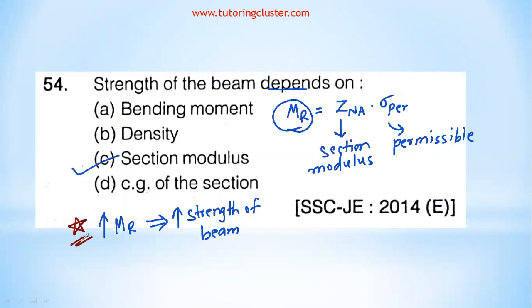How strength of the beam is calculated. So first we have to calculate a moment of resistance. If you want to compare the strength of any two beams, calculate first moment of resistance and then you can decide it. Okay, so please remember this concept, a very important concept from SSC point of view.